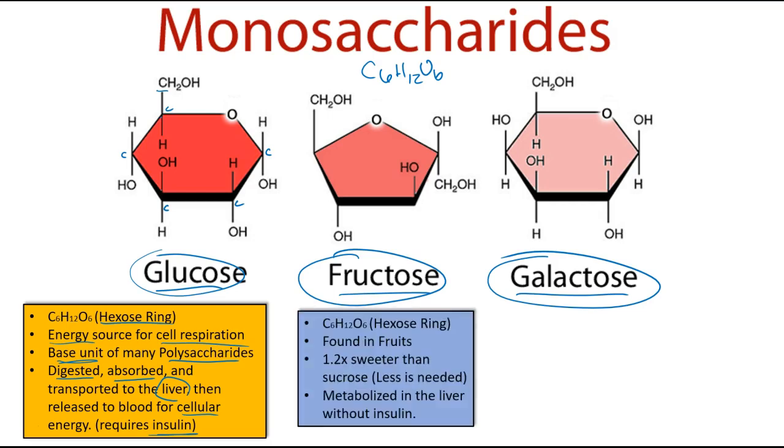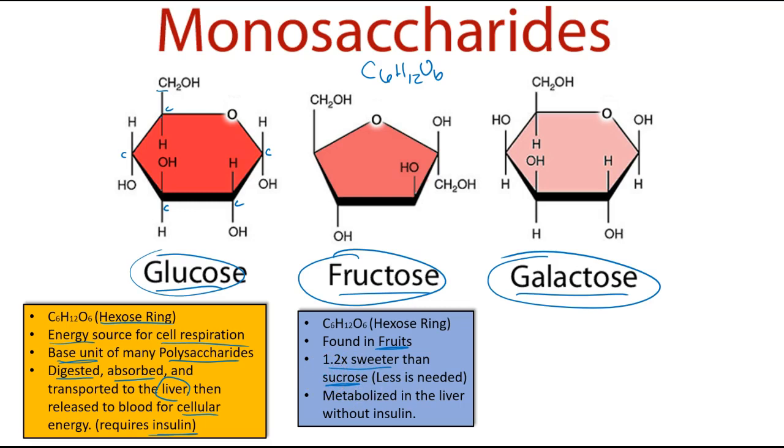Fructose is a plant-derived monosaccharide. It's found in a lot of fruits. It's what gives fruits their sweet aromas and sweet tastes. It is 1.2 times sweeter than sucrose, and sucrose is a disaccharide. We're going to talk about it in the next slide. Sucrose is table sugar.